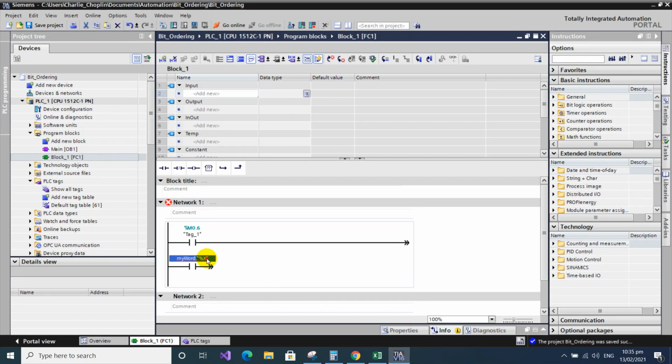So I will just put 6 like that. So what will happen here, if this one triggers, this one will also trigger, because they are all the same. So that is how you take a bit from a double word memory.